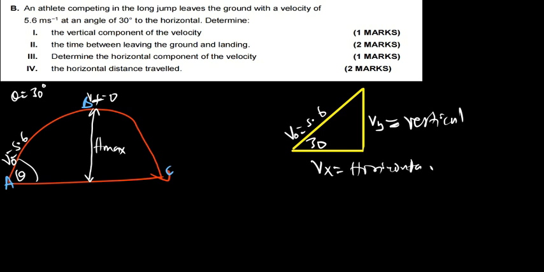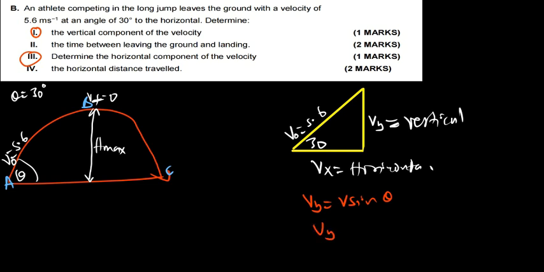I want us to go ahead and answer question 1 and also question 3. Question 1 is saying determine the vertical component of the velocity. What is the vertical component? The vertical component is the y. Same as vectors, vy will be equal to v sine theta. That's my vertical. I'm solving part 1.